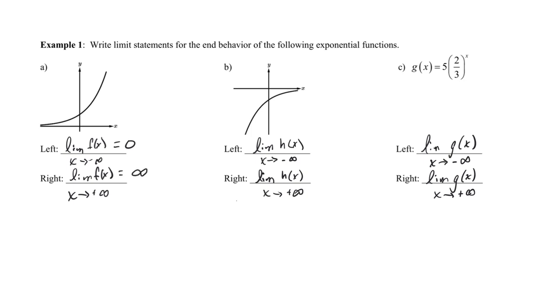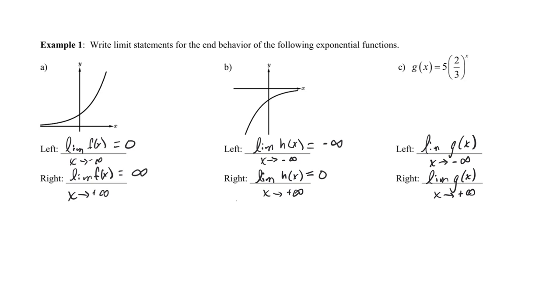So we would write it like that. Let's try h. As I move to negative infinity, I'm going down to negative infinity. As I move to the right on my graph, I start shallowing out and almost getting horizontal. We've got a horizontal asymptote at 0.